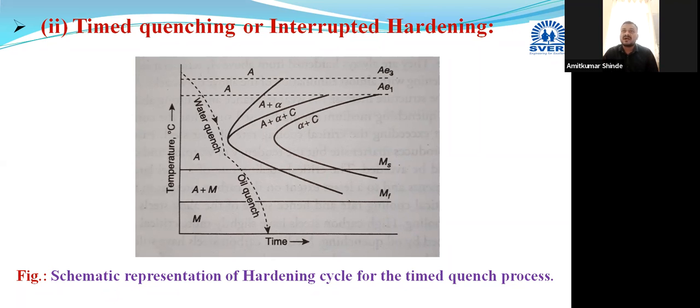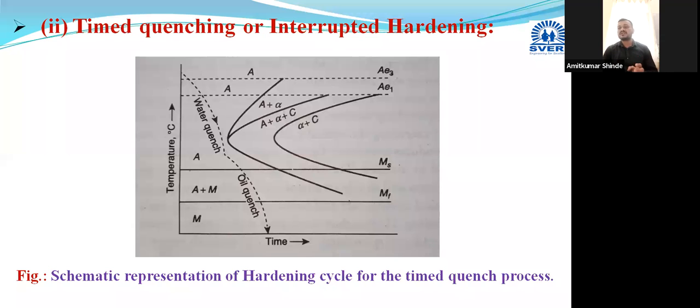Now in this timed quenching or interrupted hardening, the first two stages will be the same. Here I have explained some 4 or 5 types of hardening, and I have drawn the graphs for the cooling medium.